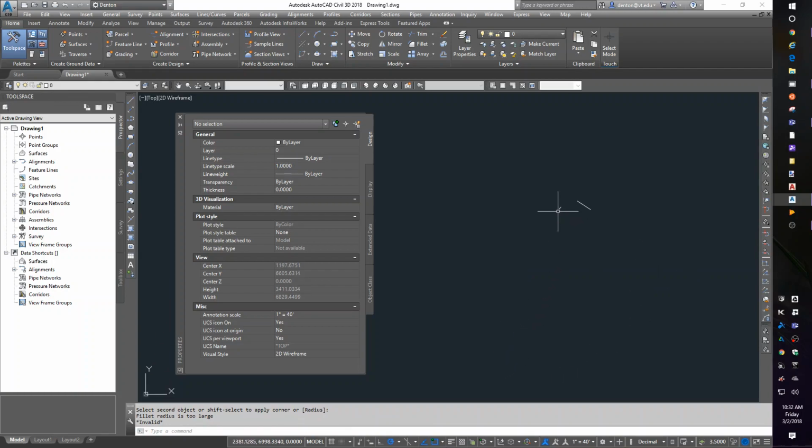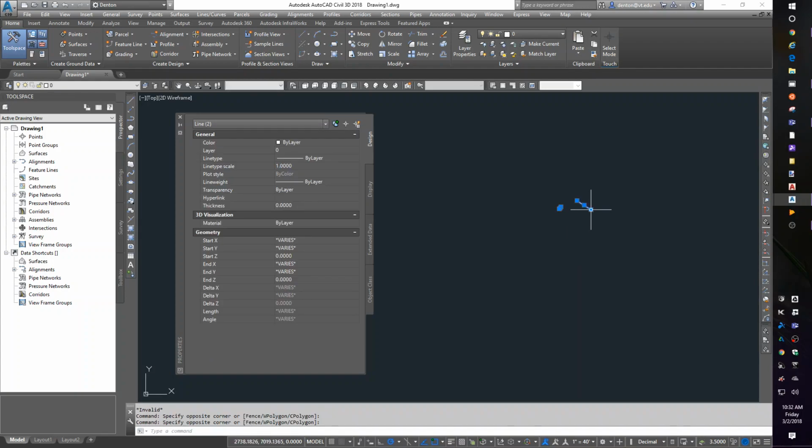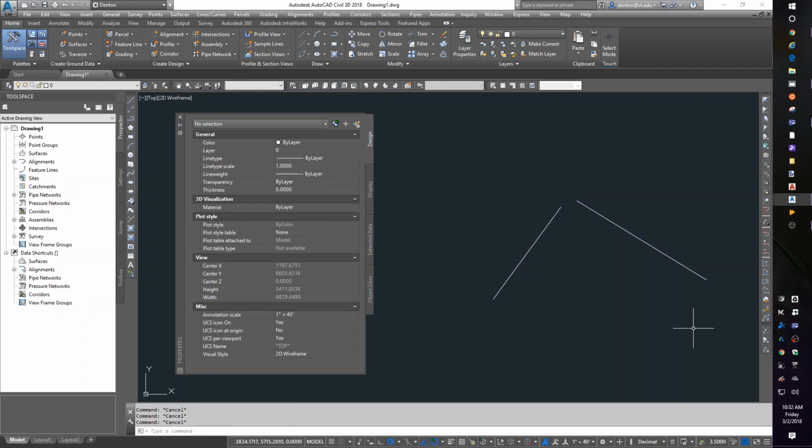Let me zoom out a little bit and make these bigger. I'm doing a grip edit is what I'm doing on these right here. Fillet, click, click. So now I calculated in that circle.